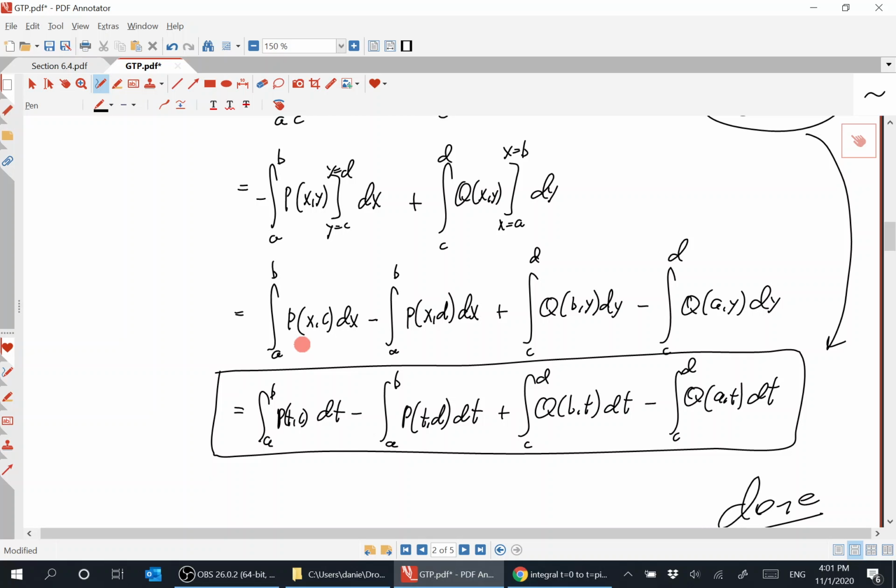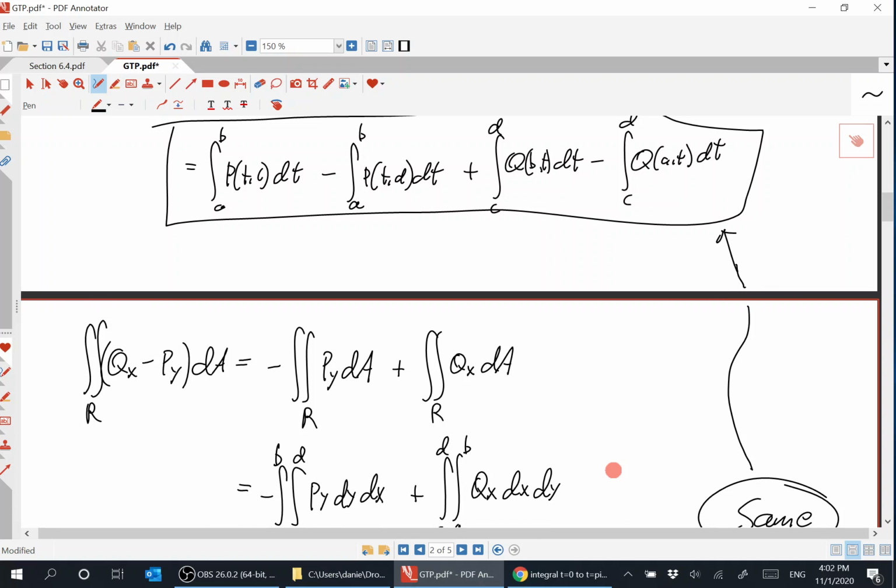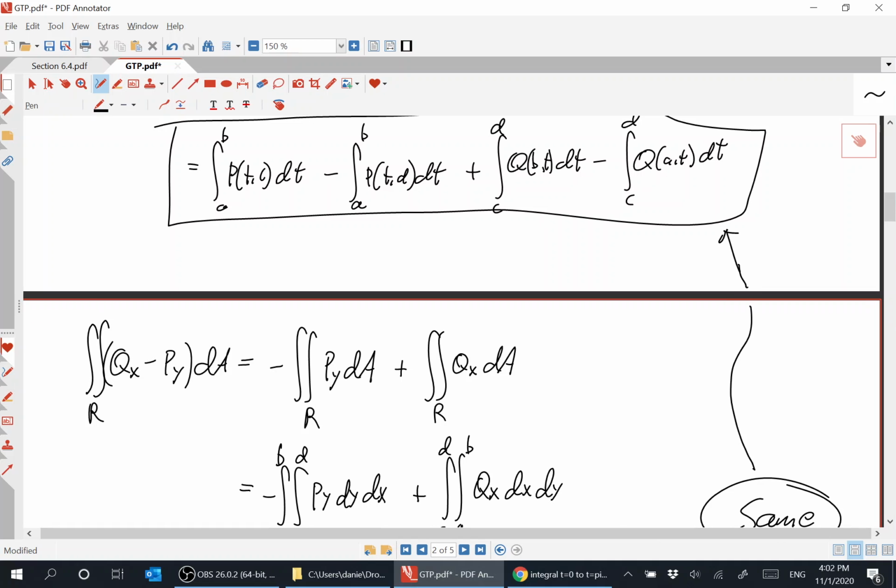So it's the integral from a to b, p(x, c) dx, minus p(x, d) dx, plus the integral from c to d, q(b, y) dy, minus the integral from c to d, q(a, y) dy. But there's no need for x or y, you might as well call it t. These are the same four integrals as we have up here. So they're the same.